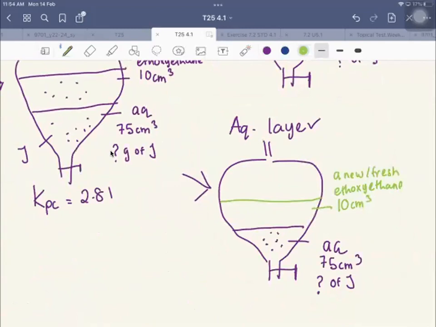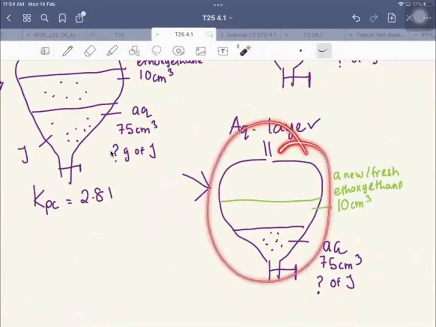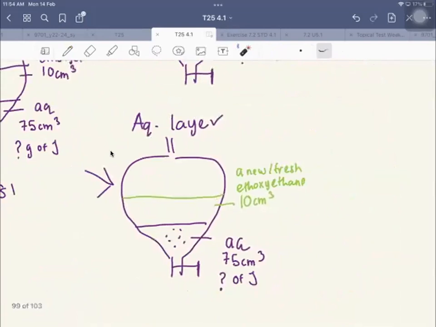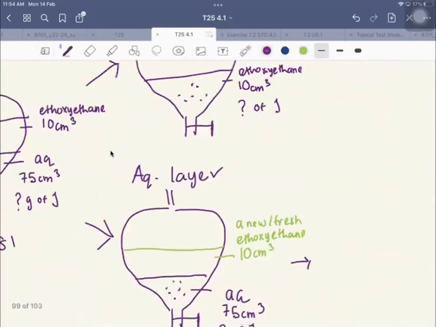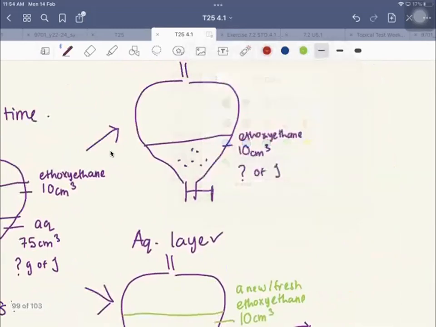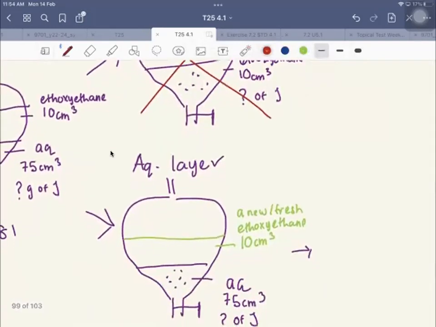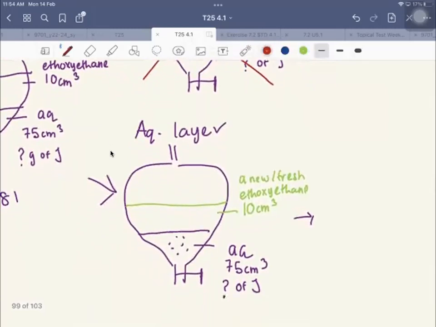Okay, and then I shake them. So after shaking, at this point, you can say discard it. So you don't need to deal with that ethoxyethane layer from the first washing.